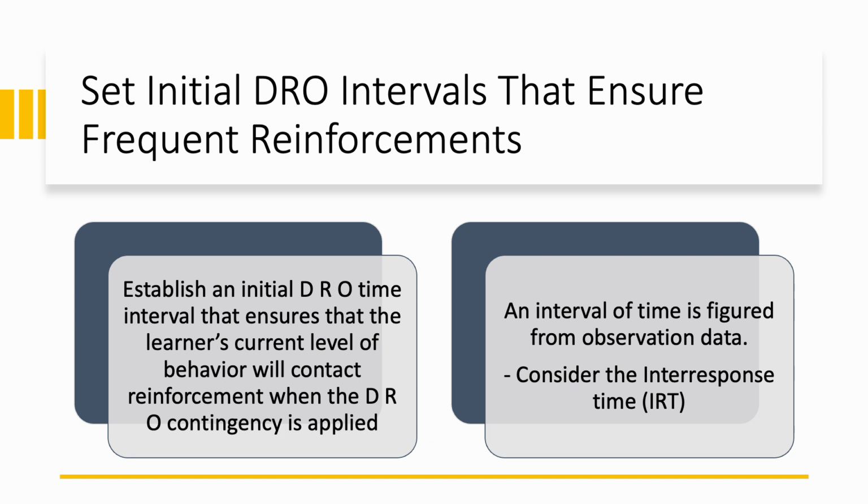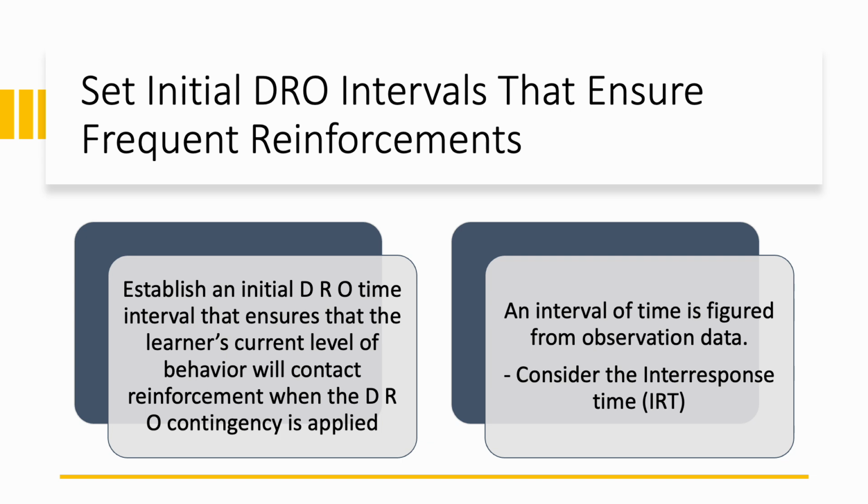Well, we figure out the appropriate interval duration by looking at our baseline data. So basically, we will conduct an observation. We will collect baseline data. We'll see how often this behavior is occurring, and not only how often the behavior is occurring, but how far apart from each other this behavior is occurring. This is what we call the inter-response time. And I'll show you that in the next slide.